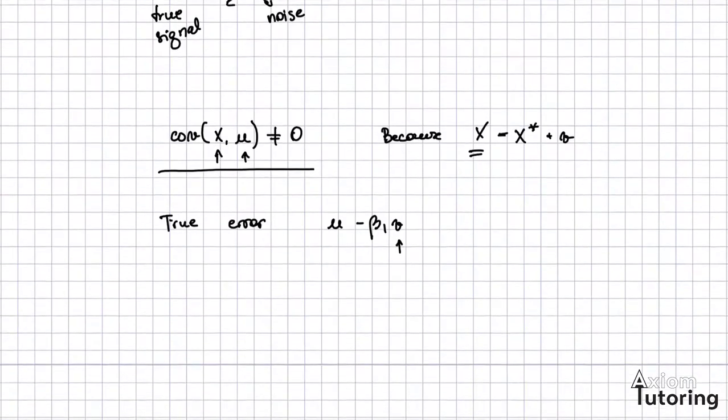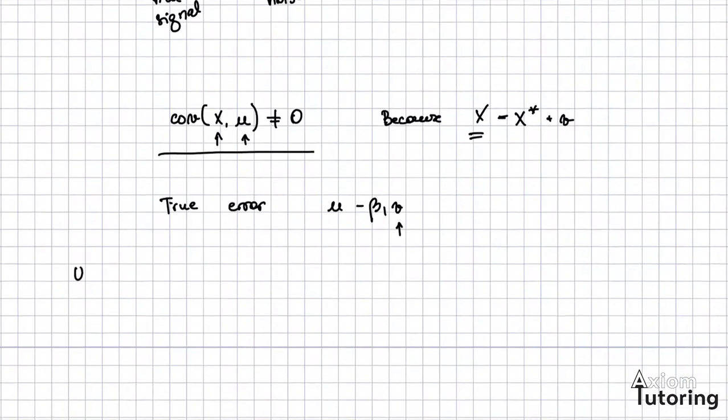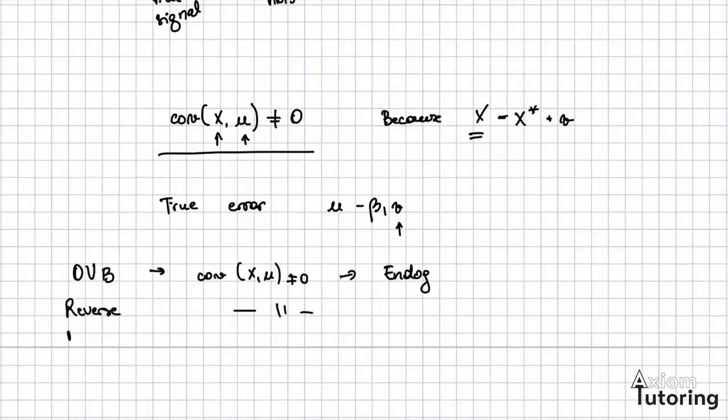So keep in mind, what is happening is that you've got omitted variable bias, which has covariance of x and u different from 0, which gives you endogeneity as a problem. You have reverse causality, exactly the same issue, and you've got now measurement error, which gives you exactly the same thing.